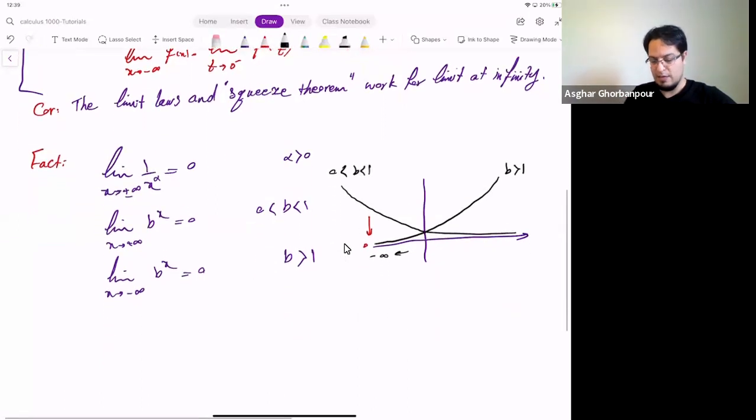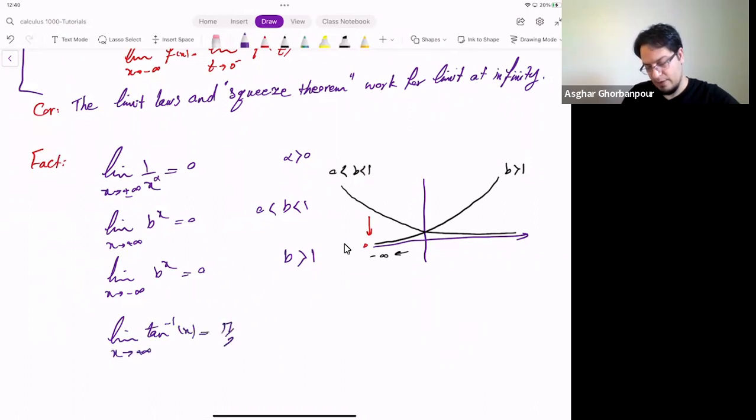You can see tan inverse also works in this way. Looking at the graph of tan inverse, the limit of tan inverse x as x approaches positive infinity is pi over 2, and as x approaches negative infinity it is negative pi over 2.